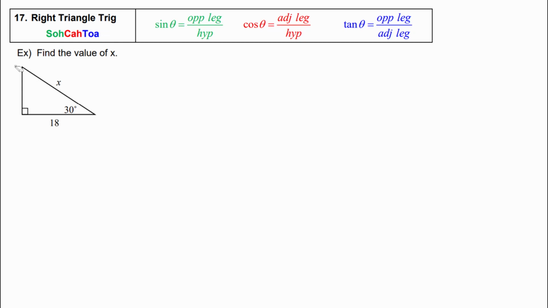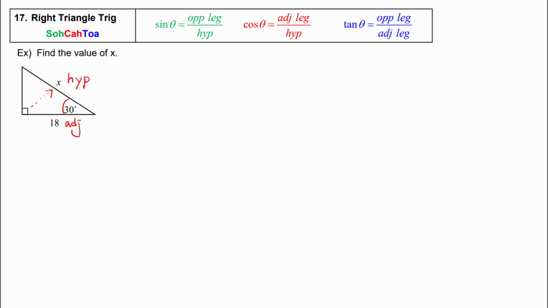Find the value of x. This is the angle theta, and adjacent is the leg that is adjacent to that angle. So adjacent will be this side. Well, how do you know it's not this? Well, that's adjacent too, but since it's the side the right angle is looking at, it is actually the longest side, and it is the hypotenuse.